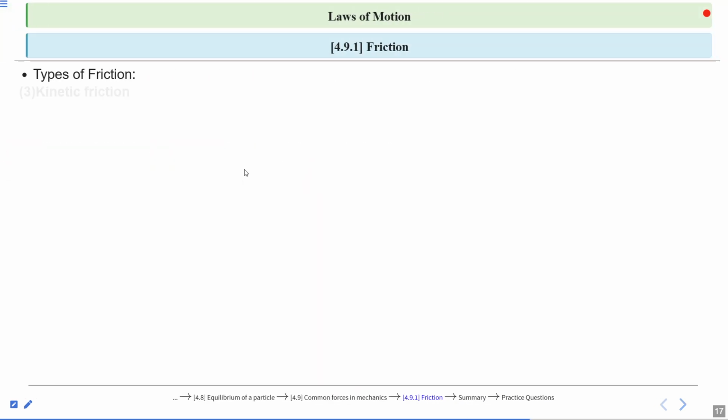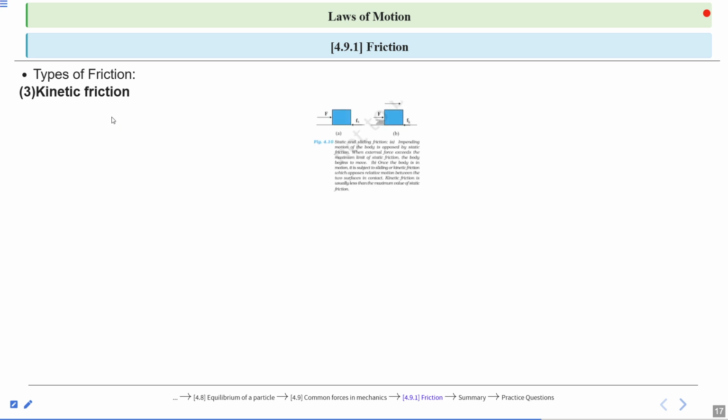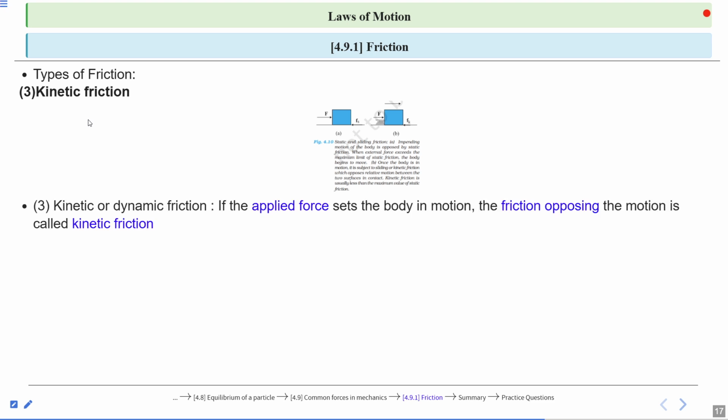So, third is kinetic friction. This is responsible for the impending motion. Kinetic friction or dynamic friction means if the applied force sets the body in motion, the friction opposing the motion is called kinetic friction.